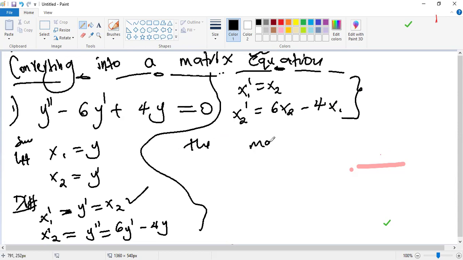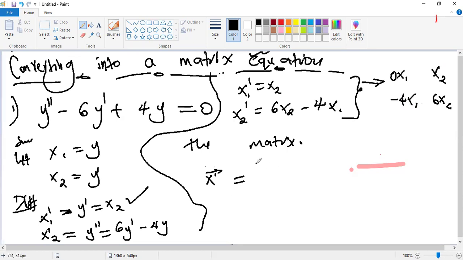So the matrix equation becomes, basically, we write this as a column vector. I can write it as x prime bar. Let me write it in a better way. Prime, and then this is equal to, now this right here, I can write this as a matrix, let me just write it here so that you can see it clearly. Here I have 0, x1, and then I have x2. Then here I have minus 4, x1, and then I have 6, x2.